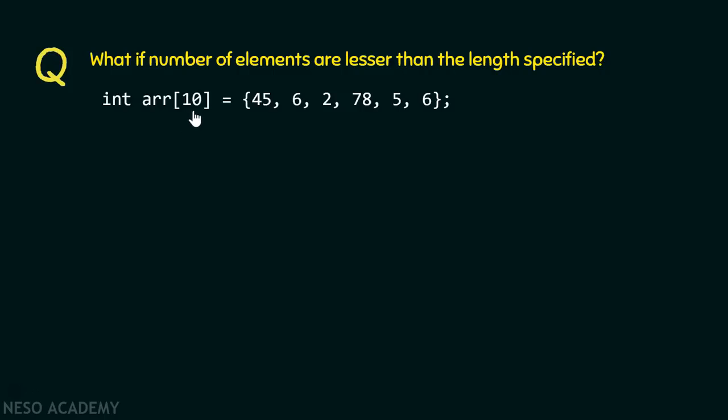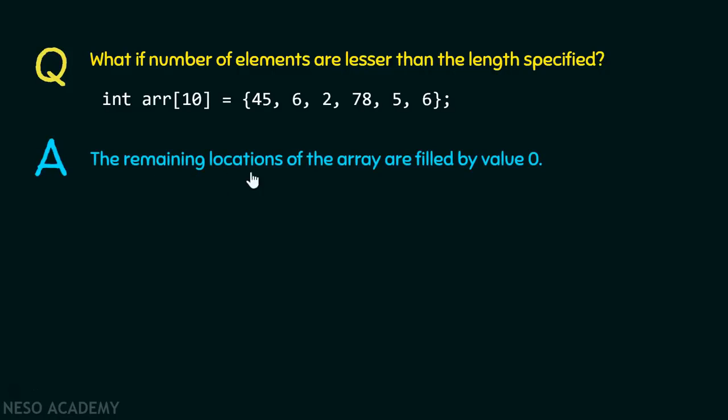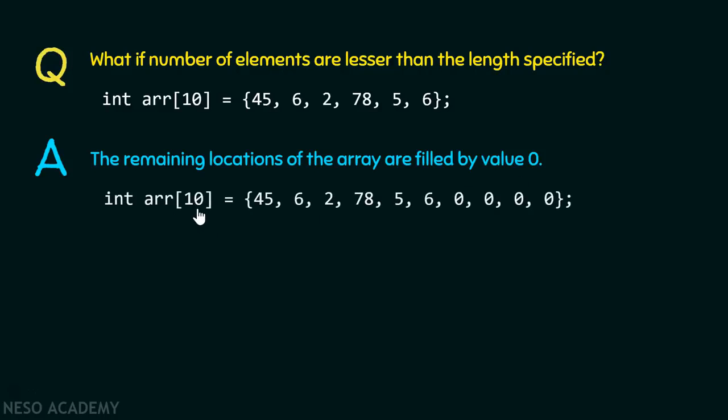You have specified the length as 10, but you are entering only 6 elements. What happens to the rest of the locations? The answer to this question is, the remaining locations of the array are filled by value 0. As you have specified the length as 10 and you have entered only 6 elements, therefore the rest of the locations will get filled by value 0.